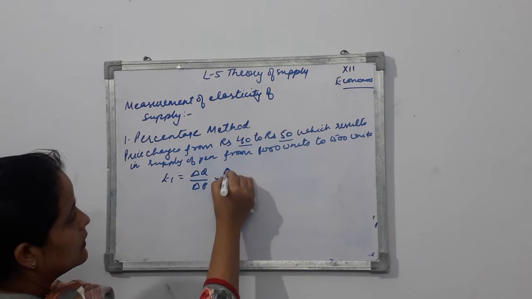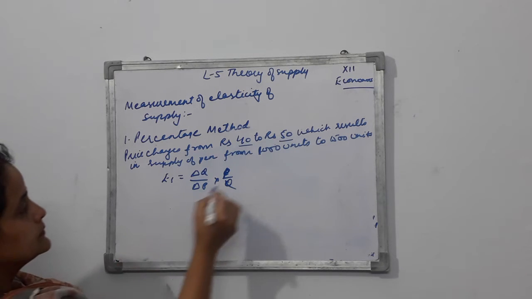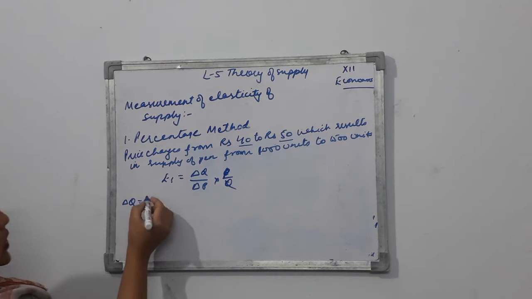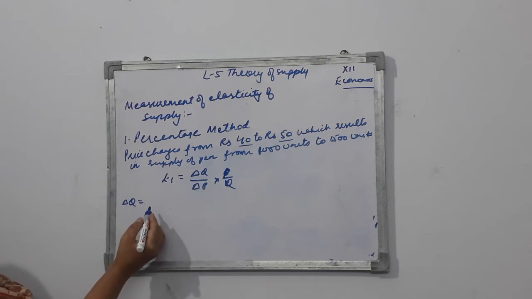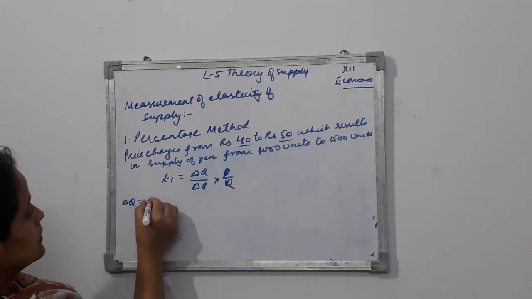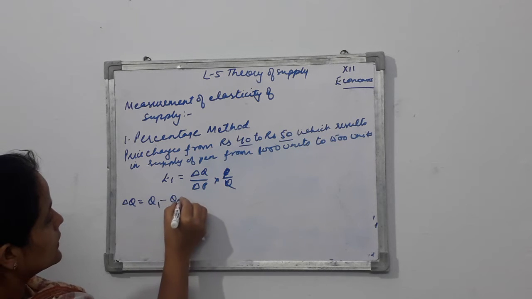This is the formula. So this is your change in quantity supplied. Delta Q we have to find. Your delta Q will be equal to new quantity minus old quantity.